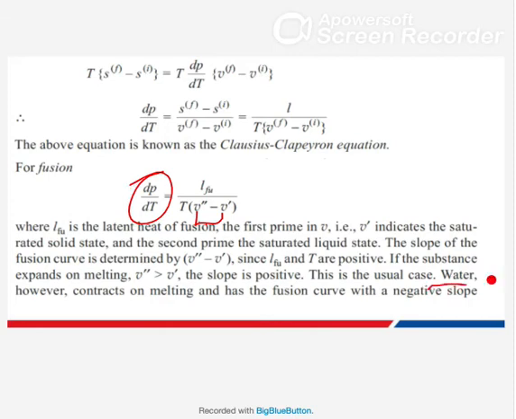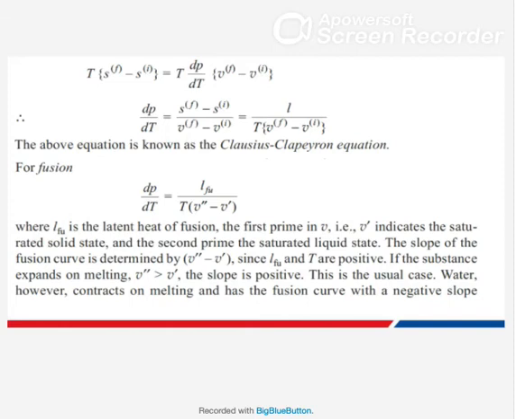But water has a peculiarity: from 0 degree to 4 degree, it behaves opposite. When you go from 4 degree water to 0 degree ice, it should contract, but it doesn't happen like that. It actually expands because of its crystalline structure. If it is expanding, this will become negative, and then dP/dT will come negative. So for water, the slope of the fusion curve is negative, but for other substances it is positive.